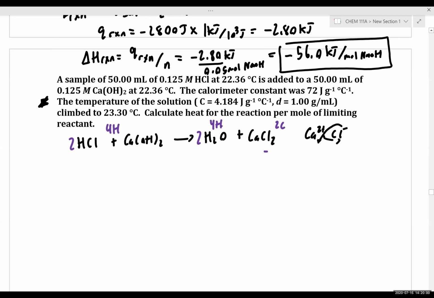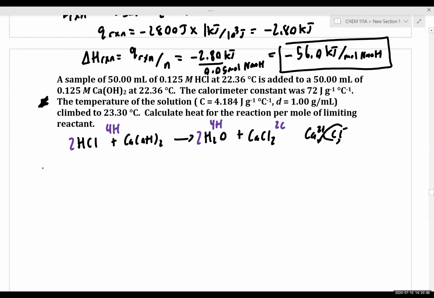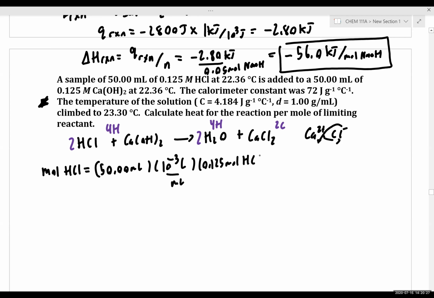So now that we have our balanced equation, let's go through and calculate the moles of each of our reactants. The moles of hydrochloric acid are equal to 50.00 mL times 10 to the negative third liter per mL times 0.125 moles of hydrochloric acid per 1 liter.